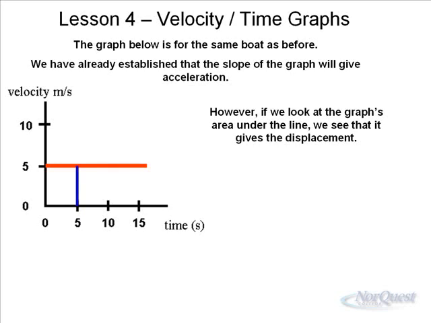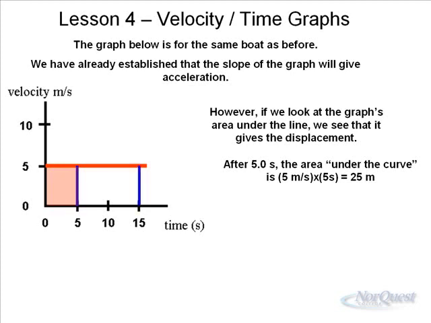After 5 seconds, the shaded area under the graph, which is of course rectangular in shape, gives us 5 meters per second times 5 seconds, a displacement of 25 meters.